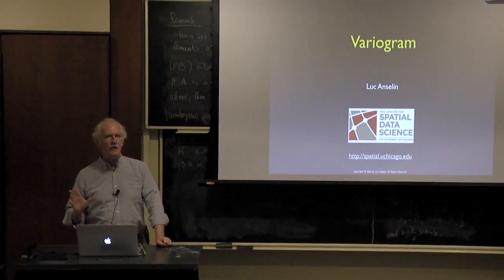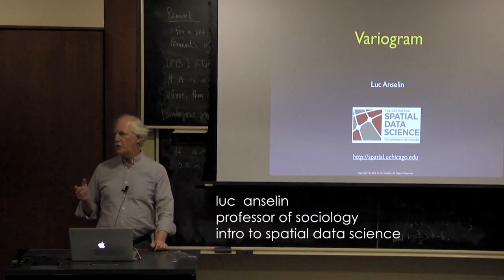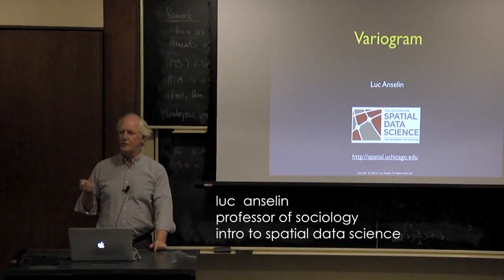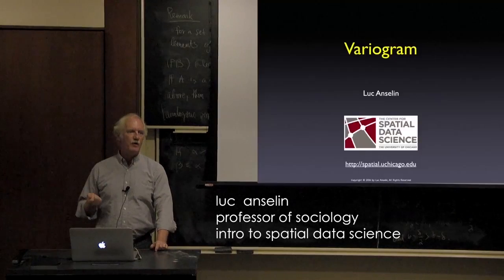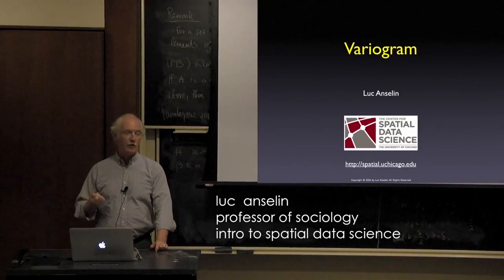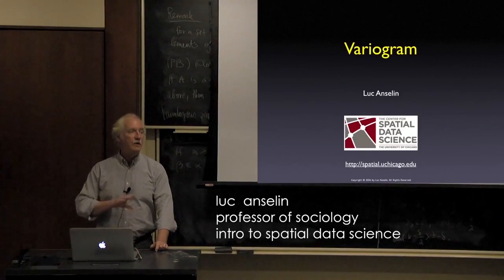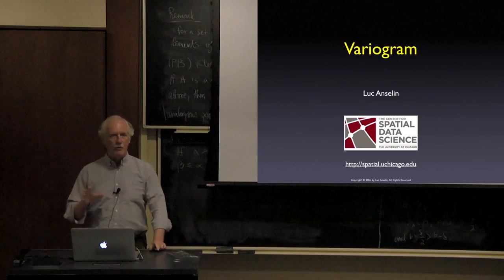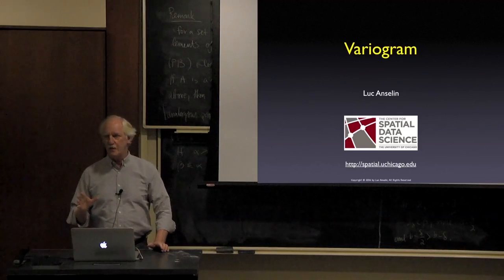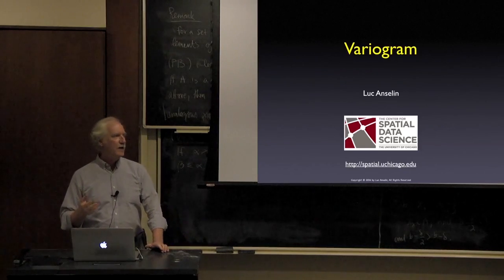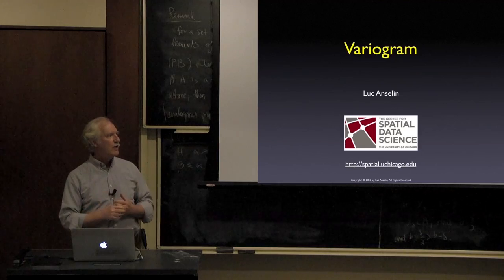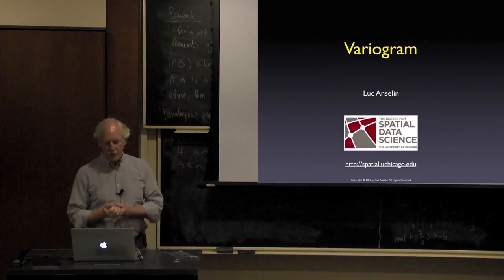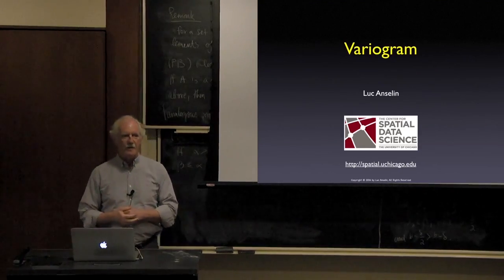As we saw last week, with global measures of spatial autocorrelation, a single statistic like a Moran's I or a Geary C or a joint count statistic summarizes the pattern in the data. It will be a similar approach here, but it's not a single statistic, it's actually a function. It's a bit of a strange concept, but it'll all make sense at the end, I hope.